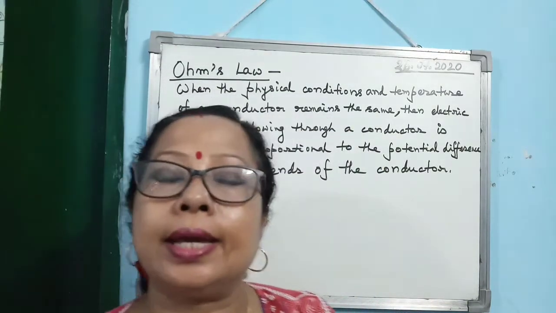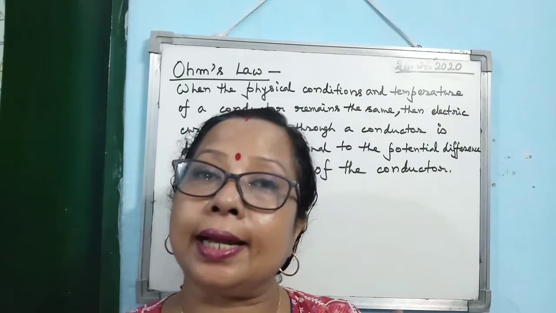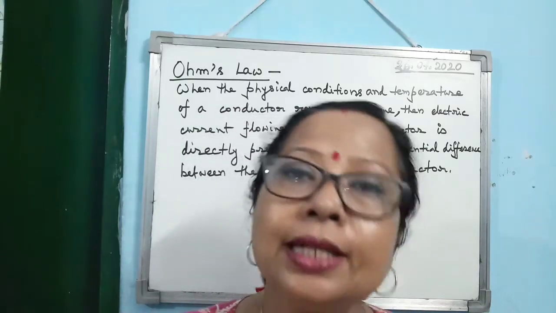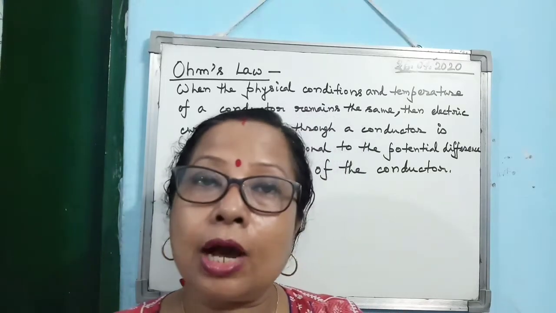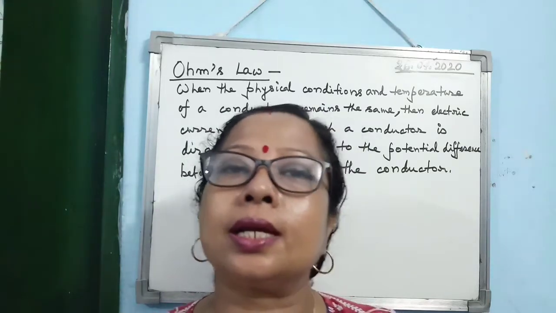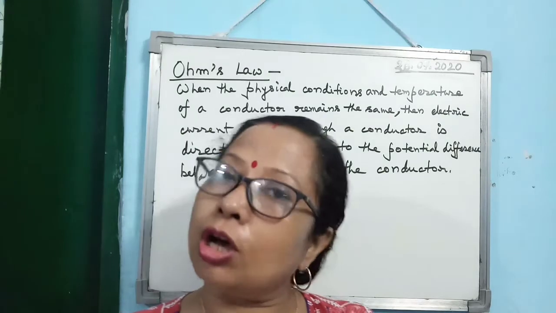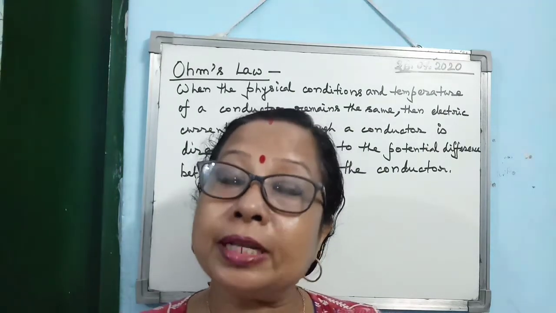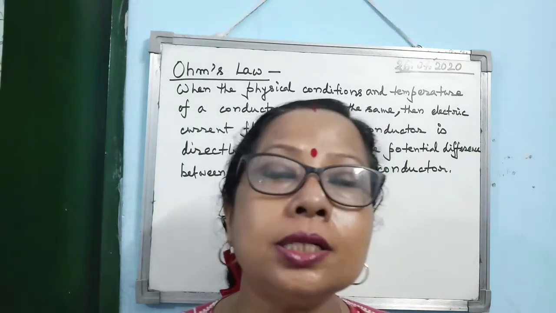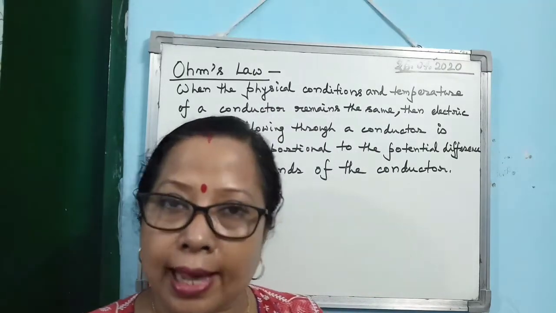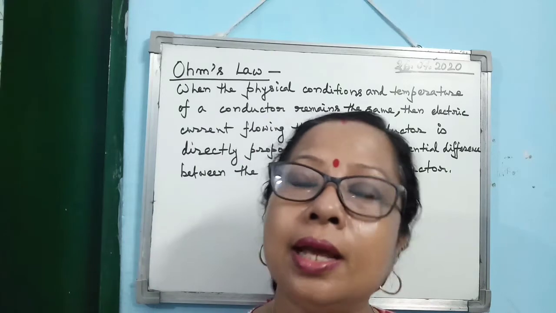The statement of Ohm's law is, when the physical condition and temperature of a conductor remain the same. Now, physical condition means what? Physical condition means length, cross-sectional area and material. I repeat, what is the meaning of physical conditions? Physical conditions means length, cross-sectional area and material.